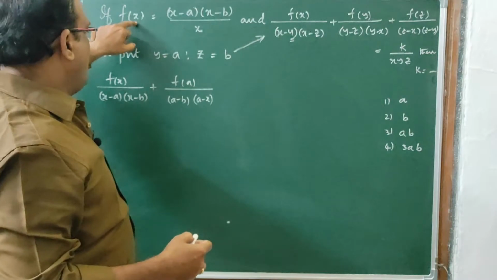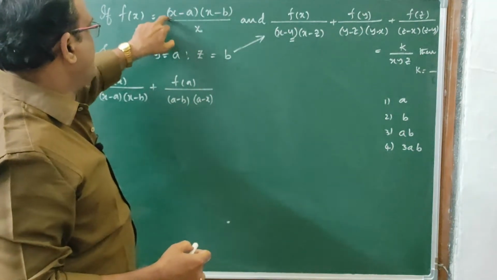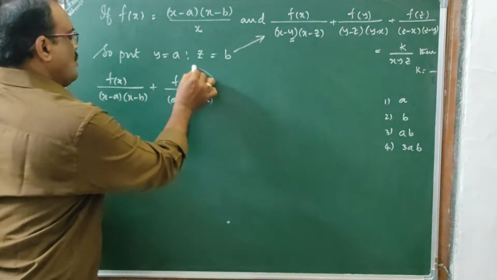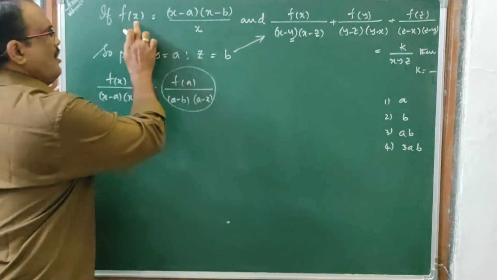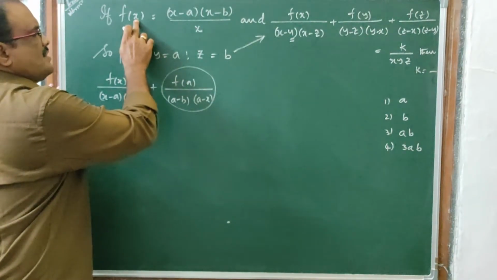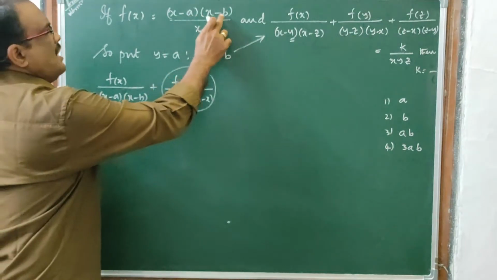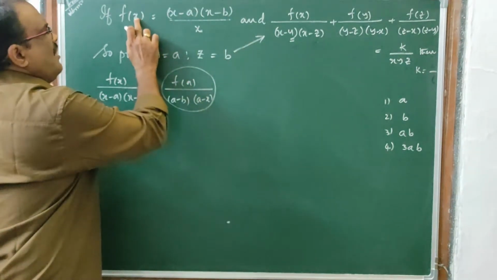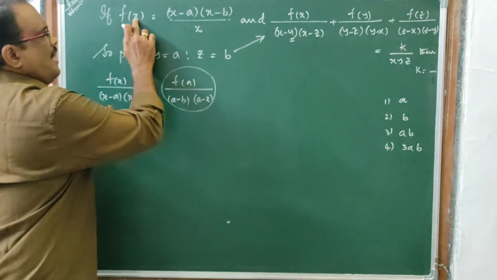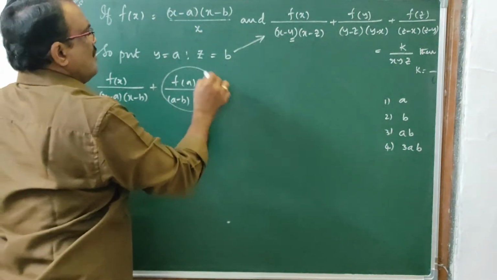So if you take f of a, it means a minus a, that is 0. So the total will be 0, because what is f of x actually? (x minus a)(x minus b). F of a, if you put a instead of x, a minus a will be 0.